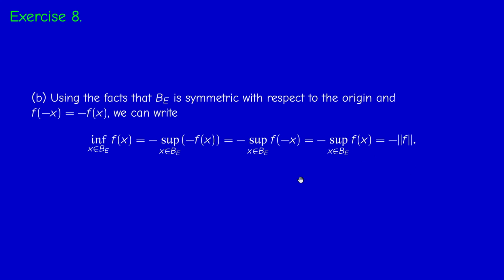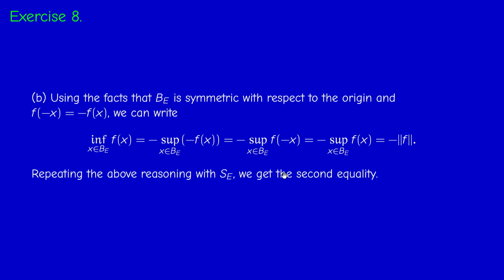And that's it. We can do the same reasoning with the inf and the sup over the unit sphere, and we get the same thing. We shall use this in chapter 3. So minus the norm of an element in the dual is the inf of f(x) on the closed unit ball or on the unit sphere.